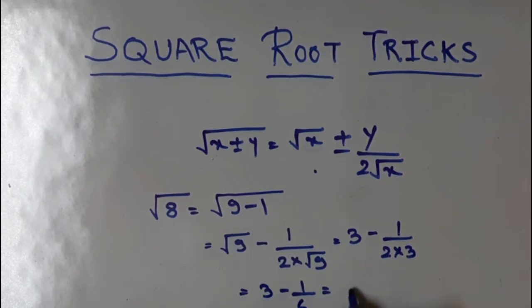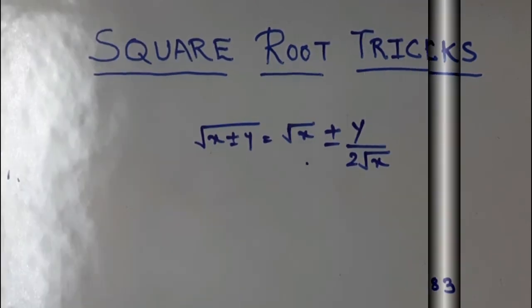By LCM subtraction you will get 17 by 6, and if we divide this we get nearly 2.83. So the square root of 8 is 2.83, and this is much easier than the common division method.